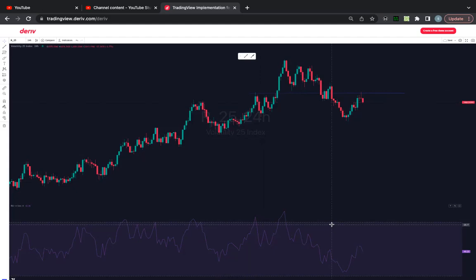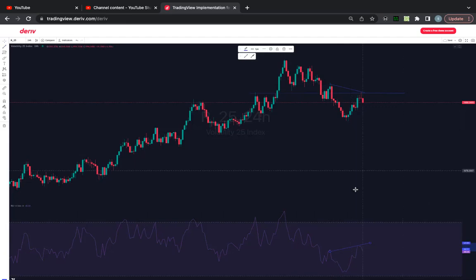So now we know there's a reversal, guys. Now look at me. If you can see, the price is coming like this, and the RSI is going in another way. Normally, when the market is slanting like this, the indicator should also slant like this, but it's moving in a different way.